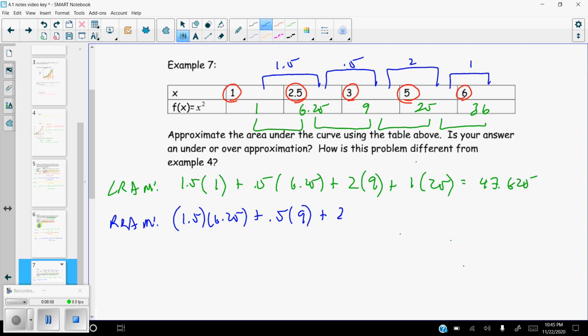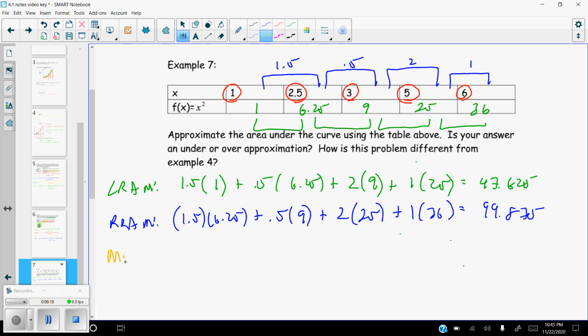And then the third base is 2. The right-hand y value of that one is 25. And the last base is 1, where the right-hand y value is 36. And that one's going to give us 99.875. Again, I strongly urge you to check these yourself as you do them.